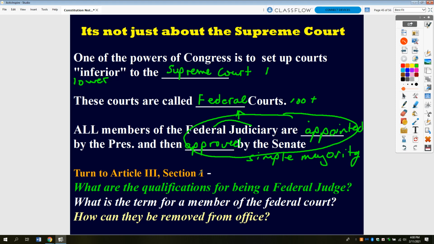Now, how long do they serve? And what it says there is kind of interesting. It says that they shall hold their office during good behavior. And so their term is kind of strangely described as their term lasts as long as they are well behaved.